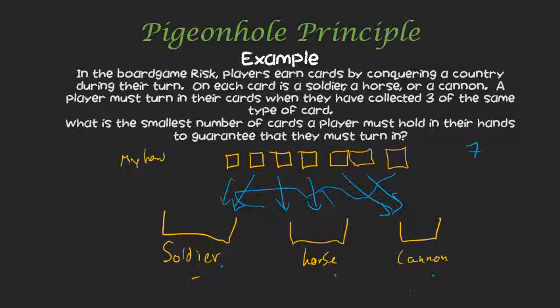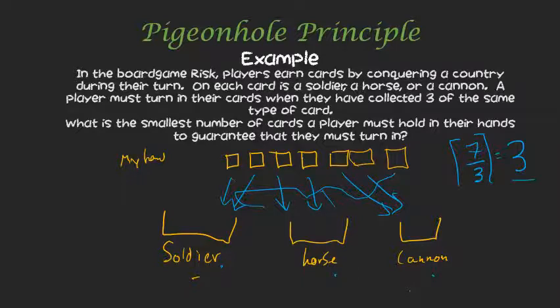So that's the sort of argument that the pigeonhole principle is stating. Notice where this number came from: if I take 7 over 3 and take the ceiling of that number, that is 2 1/3, so the ceiling would be 3.